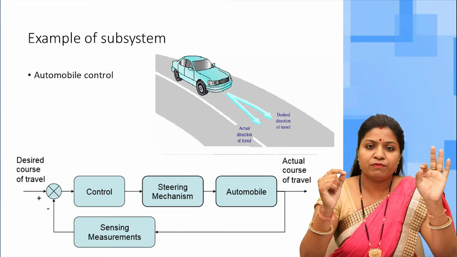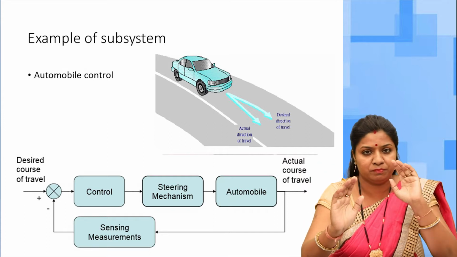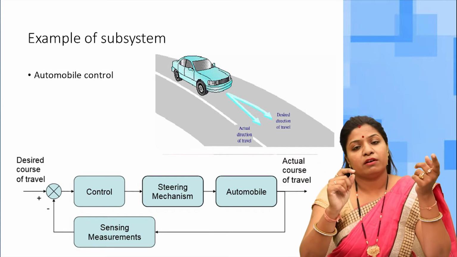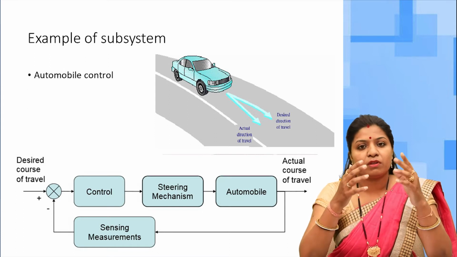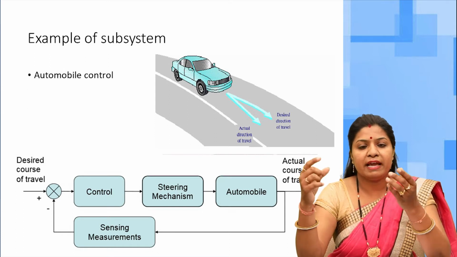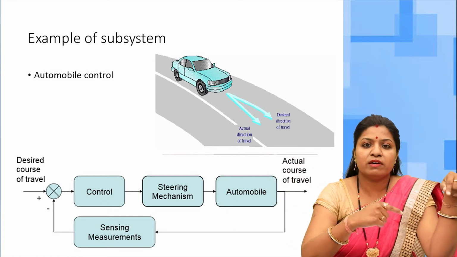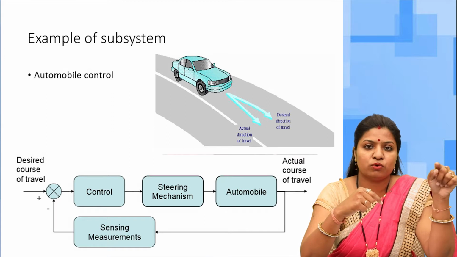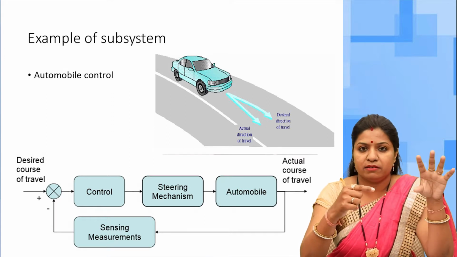If it is not moving as a feedback path, then it is not a control system. Remember this. The sensing measurement flows one part of the output towards the input, and this signal is known as the error signal because it is used to check the errors.